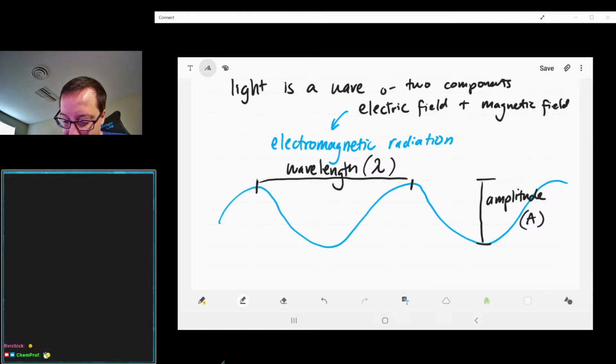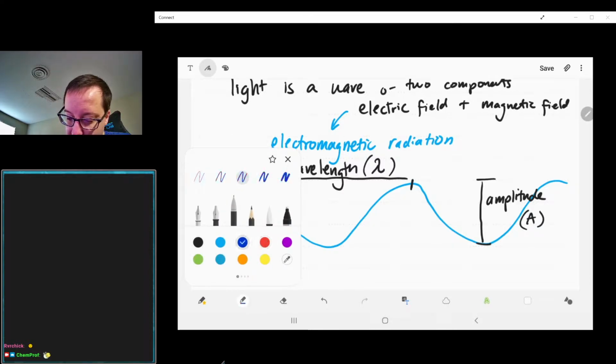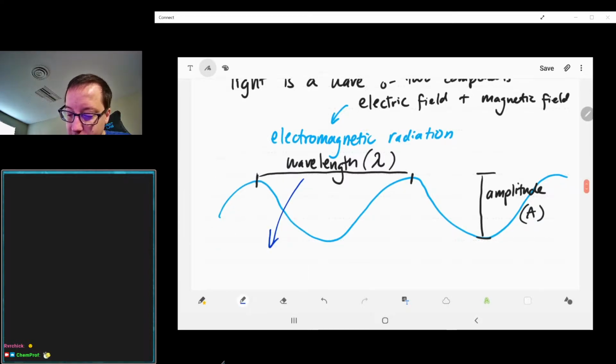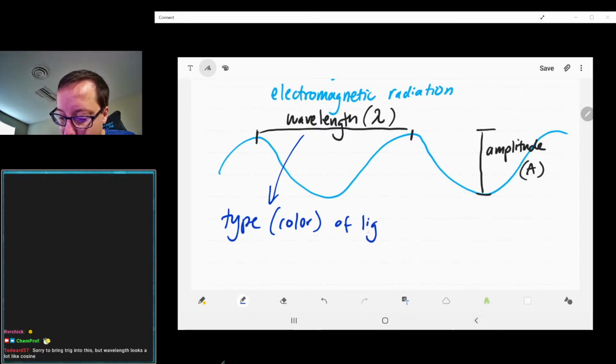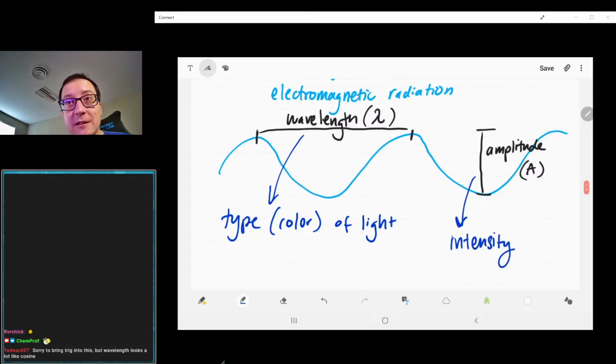And we're going to see that if we're thinking about light, the wavelength is going to tell us the type or color of light, and the amplitude is going to be related to the intensity of the light, so how bright it is. Yeah, these are sine waves, for sure, or cosine waves, I guess. They're exactly the same. So cosine waves and sine waves are definitely how this would look as well.